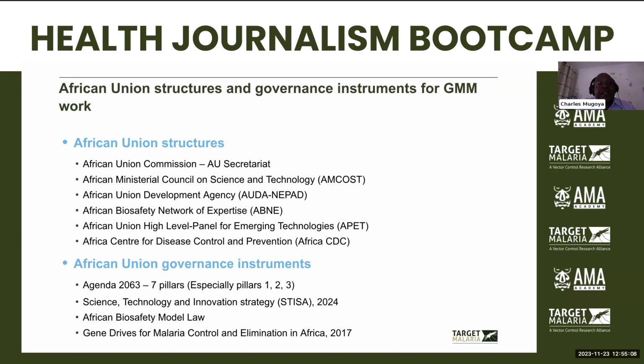It has the Secretariat, the Ministerial Council for Science and Technology, the Agency for Development called AUDA-NEPAD, the African Biosafety Network of Expertise, the African High-Level Panel for Emerging Technologies, and the African Center for Disease Control and Prevention, the CDC.